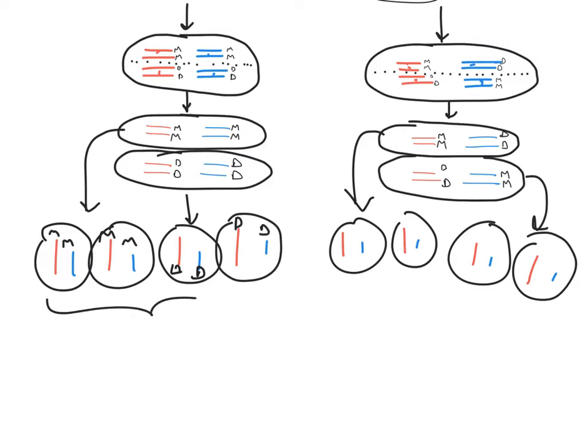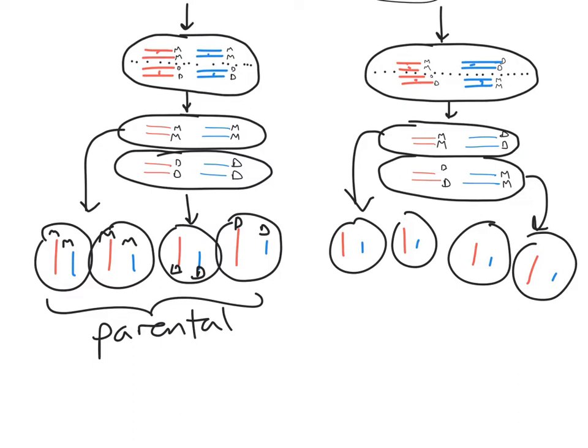And those, by the way, are called parental types. For future reference, that's not important for this exam, but we'll hear this term again. They're called parental types because these look like the gametes that were used to create the individual who's going through meiosis.